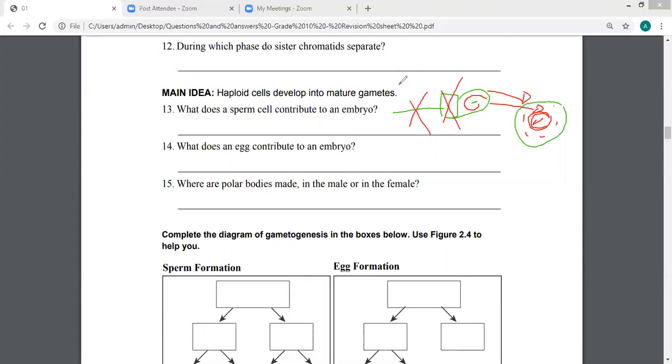So the sperm gives DNA to the embryo, but the egg contributes DNA and organelles to the embryo, and some molecular building blocks like amino acids, fatty acids, nucleotides, and so on. Clear or repeated?